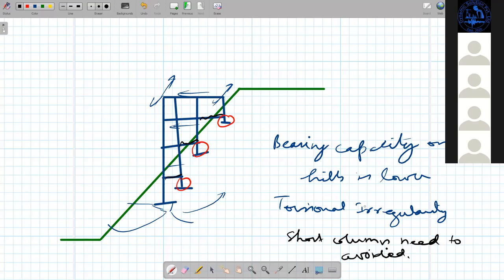Then we cannot connect at the foundation level. Means we don't need to connect the column with the beam in foundation level, if it is causing a short column. For example, let us take an example. Then it will be clear.